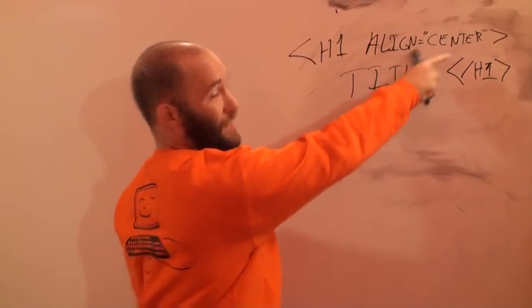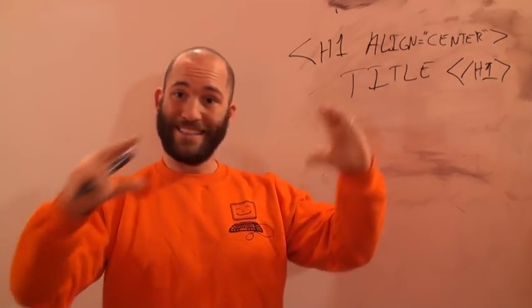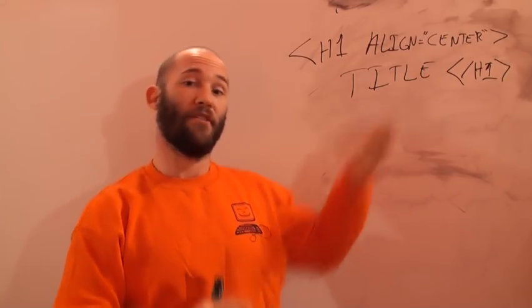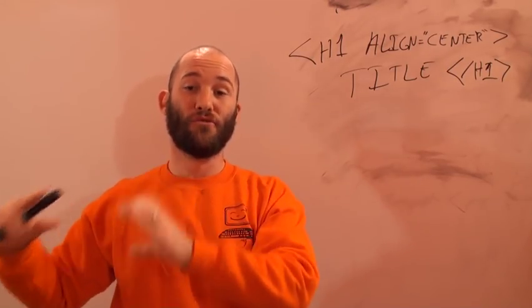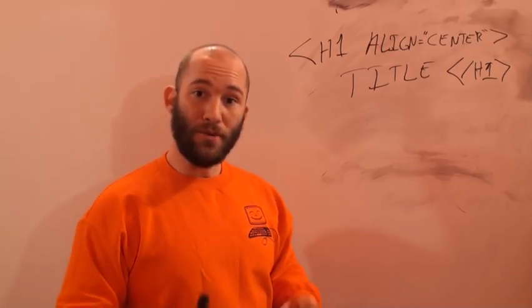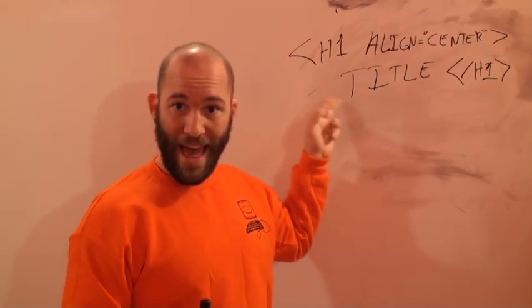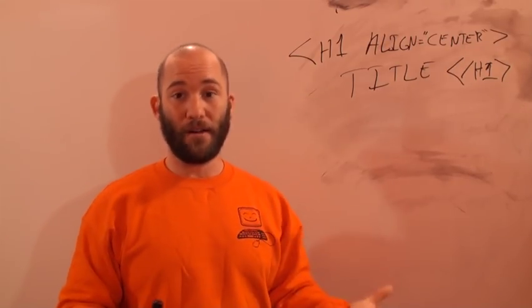If you say left, it means the title will get aligned to the left side of the page. If you say right, it means the title will get aligned to the right side of the page. You can use this align for all of the heading tags and for the paragraph tag.